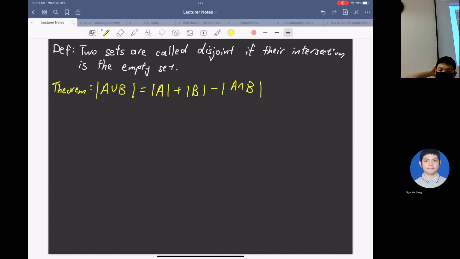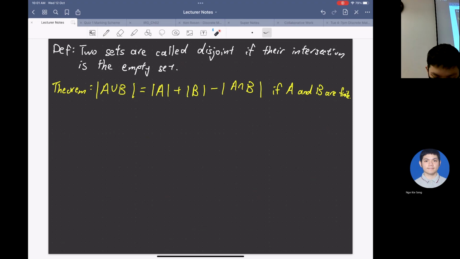For this, I think we should assume that A and B are finite, otherwise infinity equals infinity and there is nothing to compare. So let's do the finite case. Why does disjointness matter here?